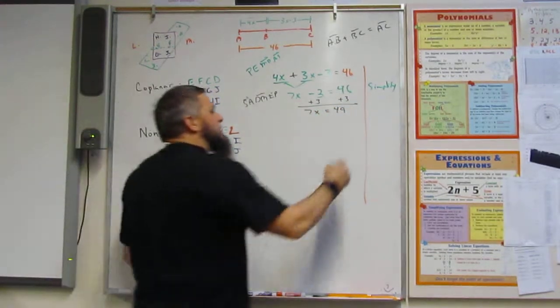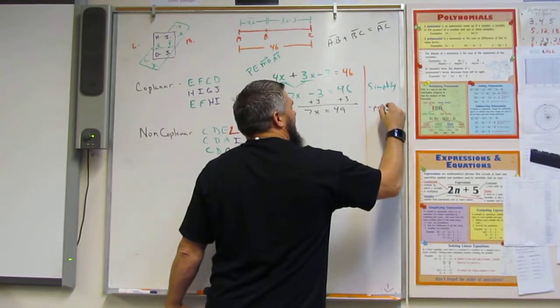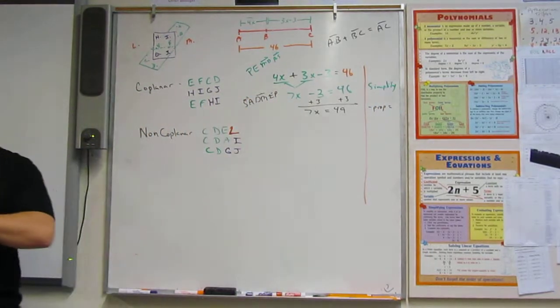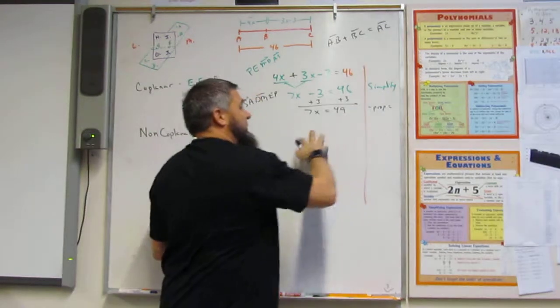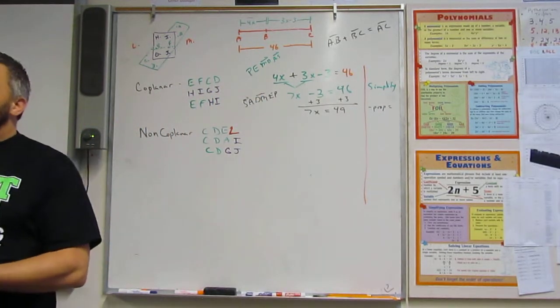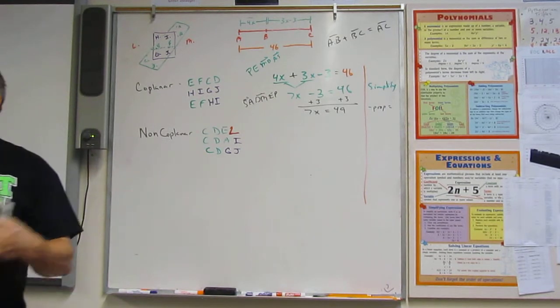And we have to do this whole thing. This is part of this answer on the midterm. If we don't do all of it, you won't get all the points.